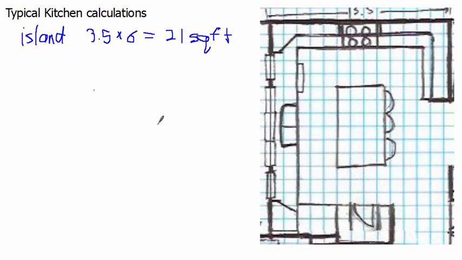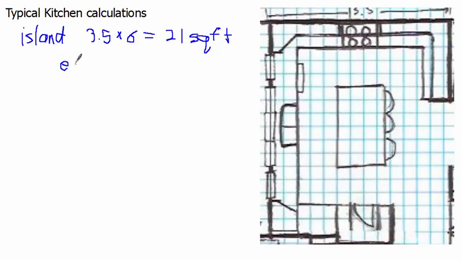Now I also need the edge of the island, so since I'm on the island, I'm going to do that too. And the edge, you can go ahead and count around. 1, 2, 3, 4, 5, 6, 7, 8, 9 and a half, 10 and a half, 11 and a half, 12 and a half, 13 and a half, 14 and a half, 15 and a half, 16, 17, 18, 19.